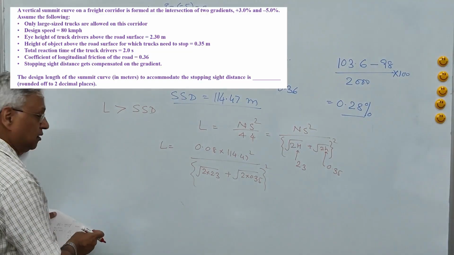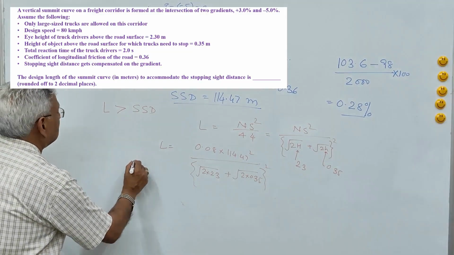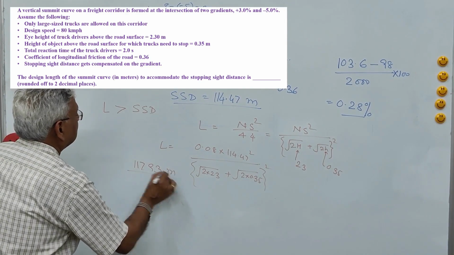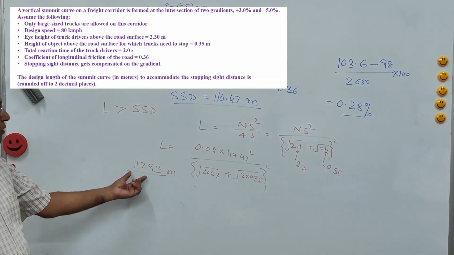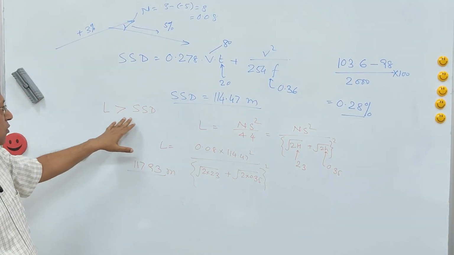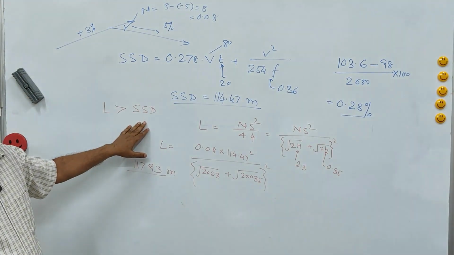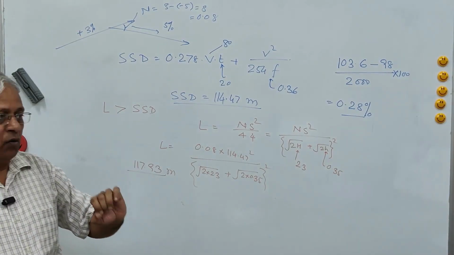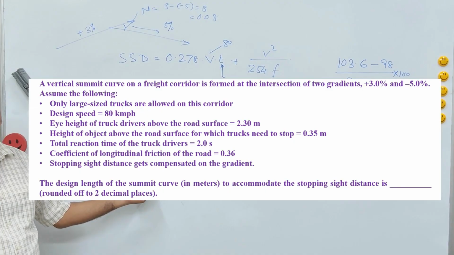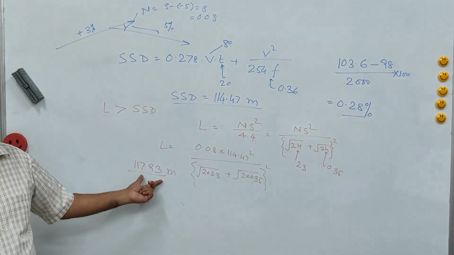This is 117.93 meter. And because this value is more than SSD, our assumption that L is more than SSD is correct. You have to round the answer off to 2 places of decimals, and therefore the answer is 117.93 meter. That is question number 4.